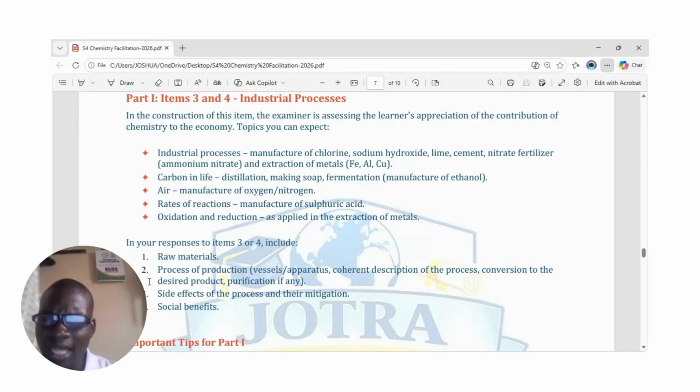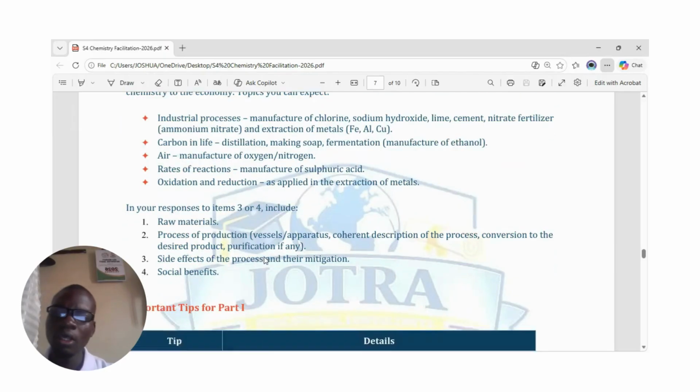That's basically what we need in item 3 or 4, because you're supposed to choose one. Before you prepare to go for the paper, you need to be aware of all these four parts that you're supposed to include in your response.